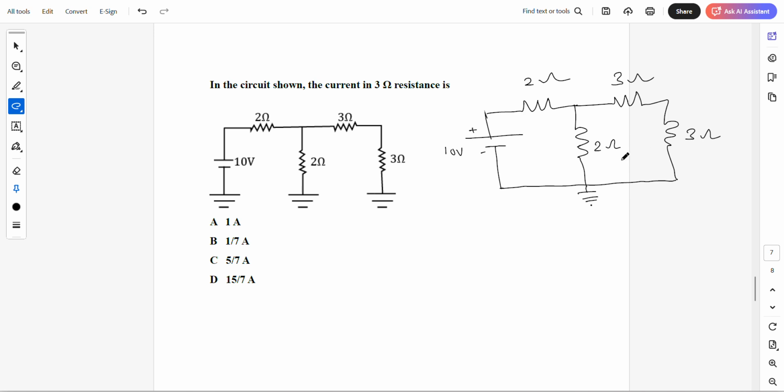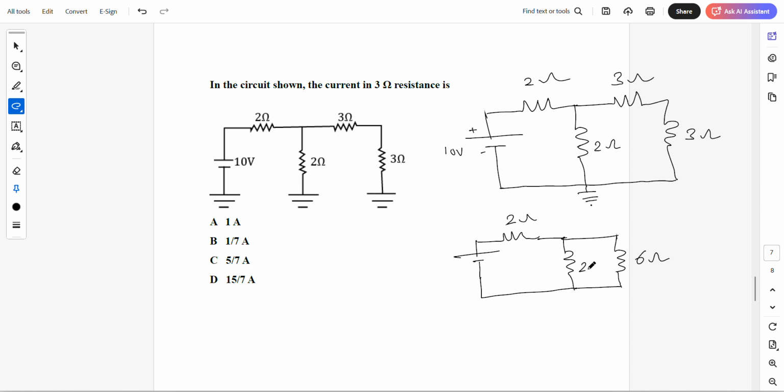calculate the equivalent resistance. How to calculate the equivalent resistance? 3 and 3 are there in series. This is 2 ohm, right? And this is 2 ohm, right? 3 and 3 in series gives 6 ohm, right?